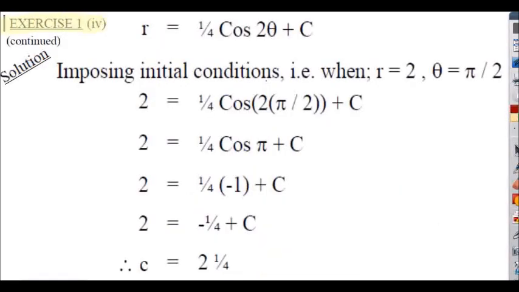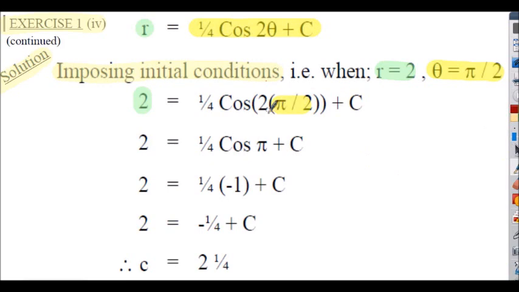Exercise 1, part 4, solution continued. Just repeated this line from the previous slide for convenience. So now we're going to impose the initial conditions given in the question. This time r is equal to 2 and theta is equal to pi upon 2. So on the left hand side we insert the 2 for r, and on the right hand side we insert pi upon 2 for theta.